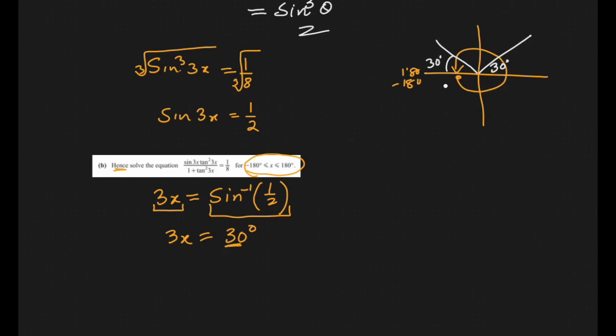Nothing in negative right now, but we'll see if something can be gotten in negative as well. So first I will try this one. First answer, 3x1 will be the actual 30. So x1 comes out to be 30 divided by 3, which is 10 degrees.